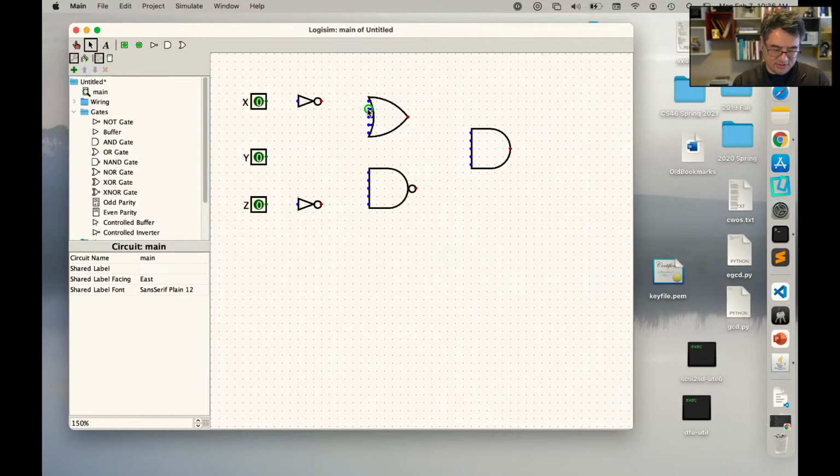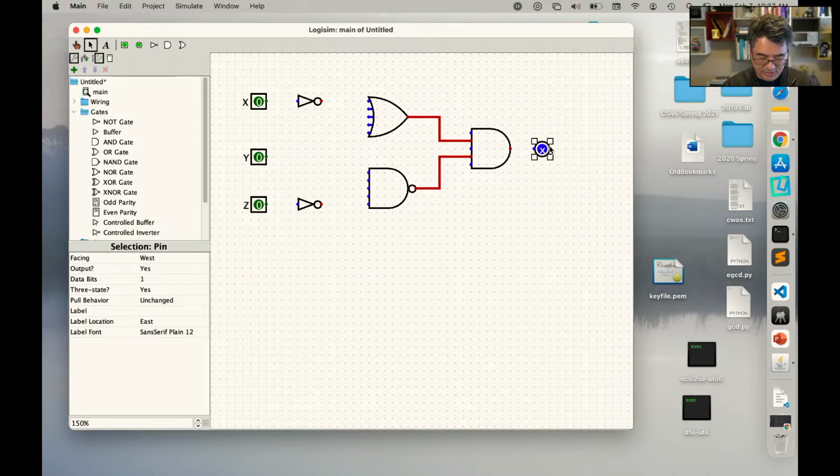Now with Logisim, the gates by default have 5 inputs. Any input you don't connect just doesn't matter. I could change the number of inputs, but I just won't connect the ones that I don't need. And then here's my output.